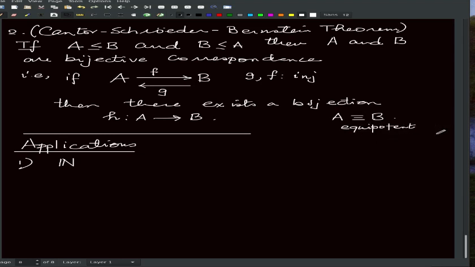Potent is power, potency. So N is equipotent to N cross N, and therefore equipotent to N^k, where k is any.